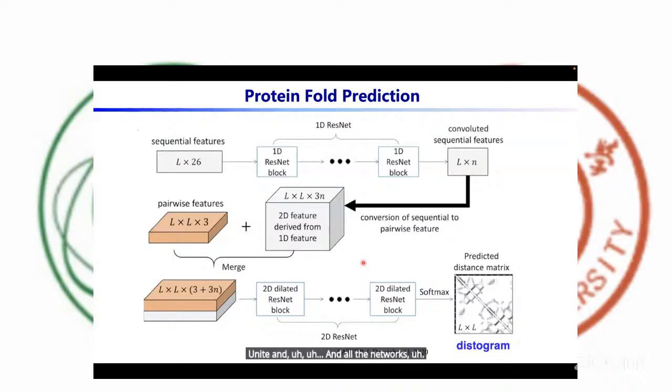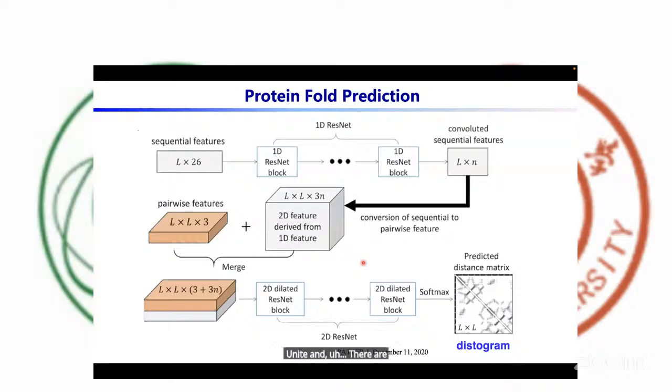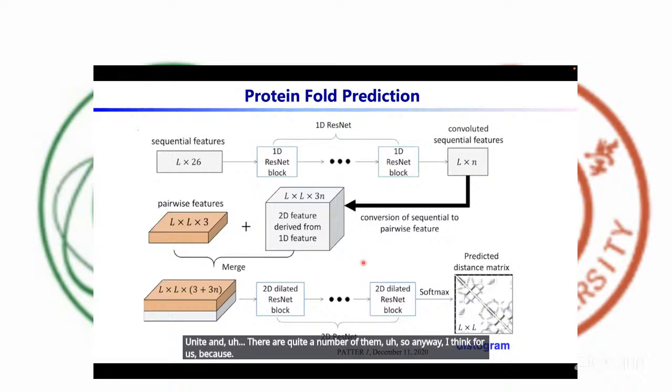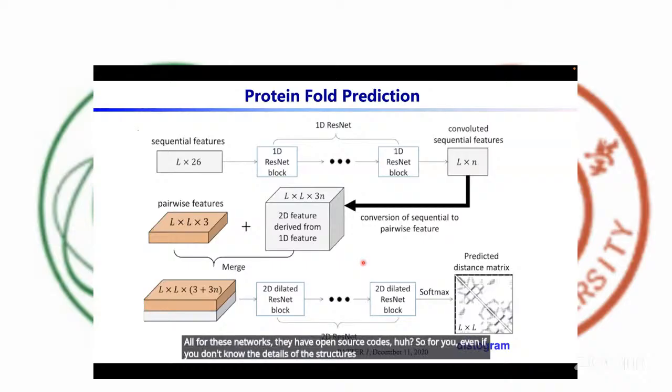Each name corresponds to a particular architecture, and we do not go into these because there are quite a number of them: ResNet, InceptionNet, UNet. Anyway, all of these networks have open source code. So even if you don't know the details of the structures, at least you know the principle. They are thin models.